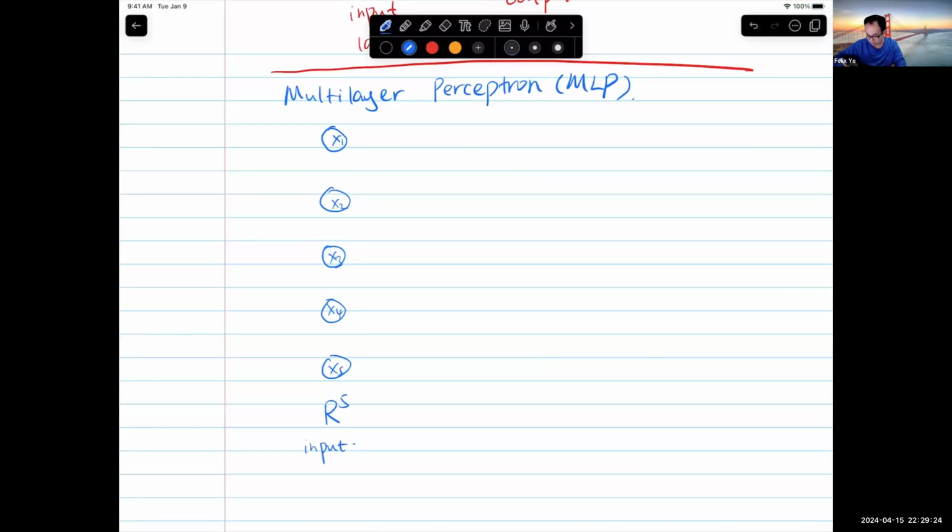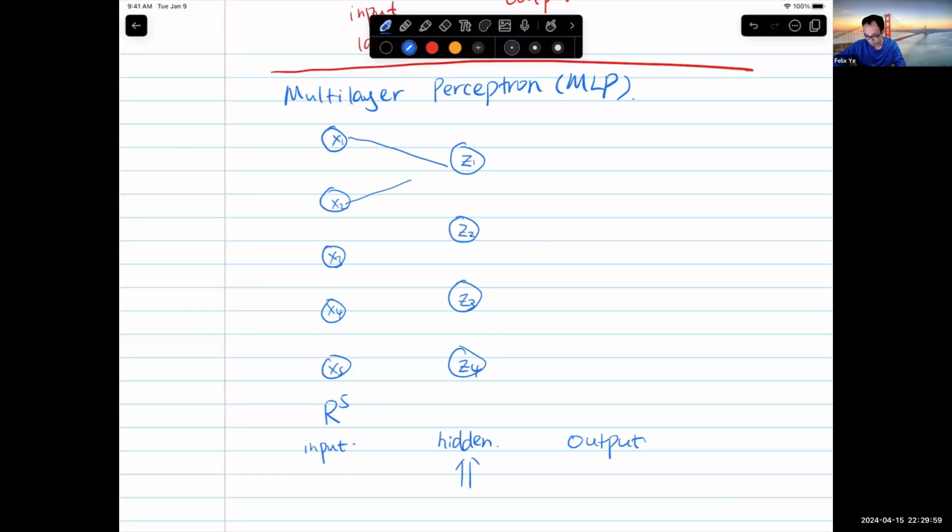And I'm going to add something called hidden layers, and I still have the output layers. This hidden layer is additional to logistic regression. Say you have 4 hidden layer neurons, Z1, Z2, Z3, Z4. They're all fully connected.